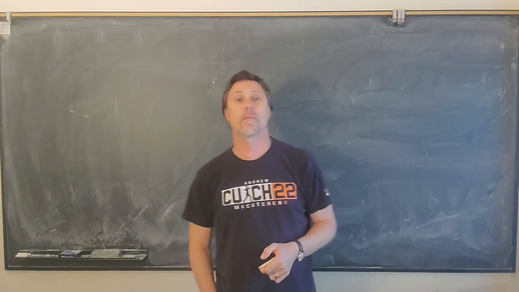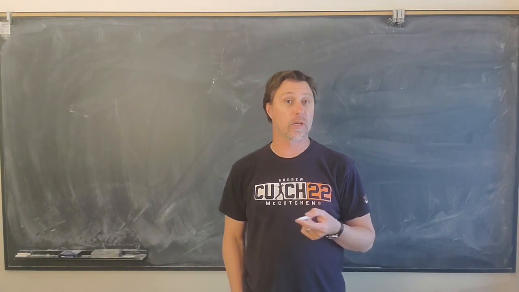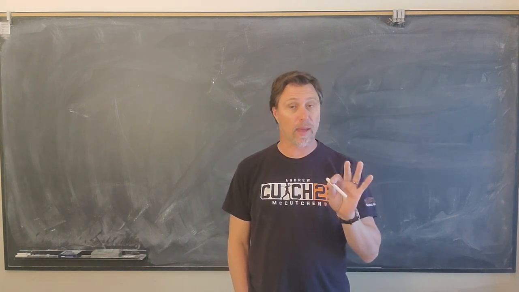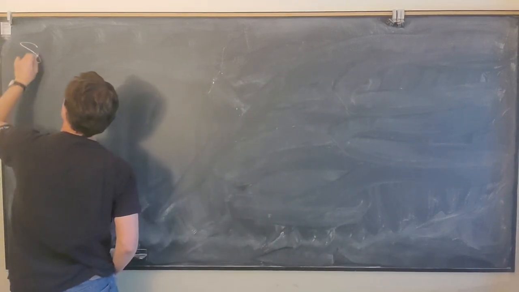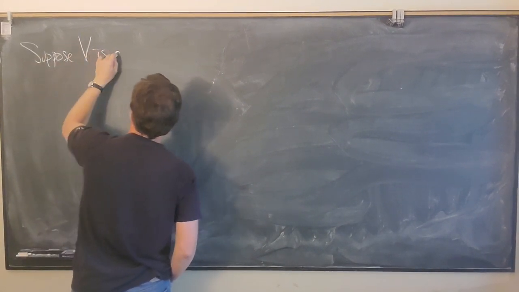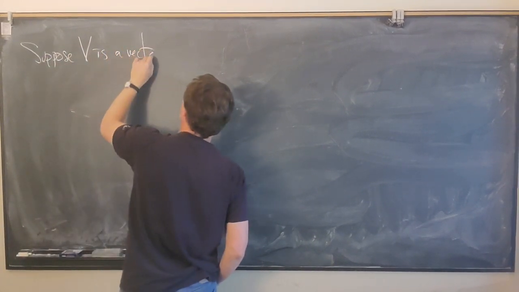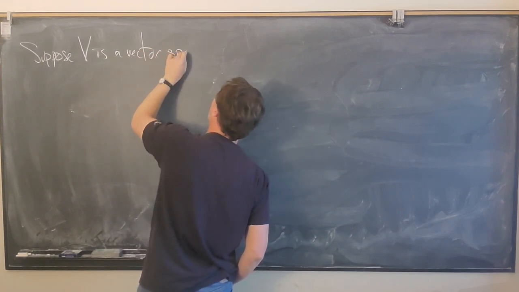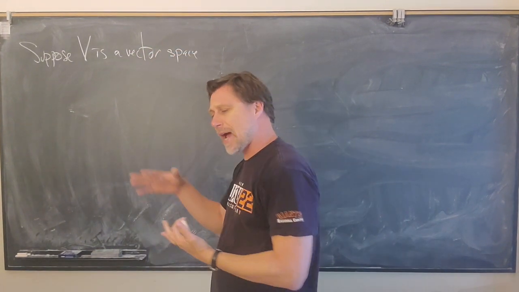Hey everyone, welcome back. Last time we introduced this concept of vector space, so I want to get straight back into there. So suppose V is a vector space, and I want to look inside this vector space now.